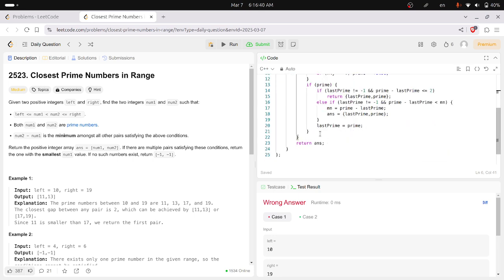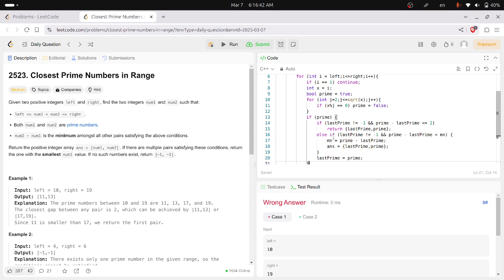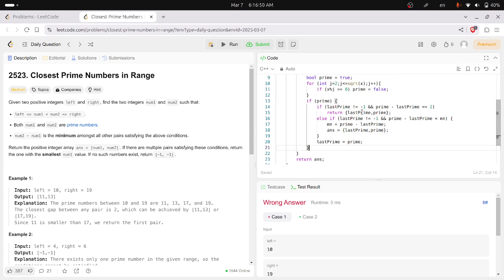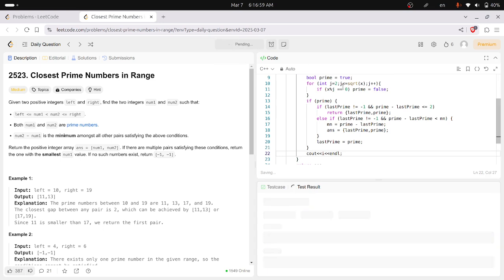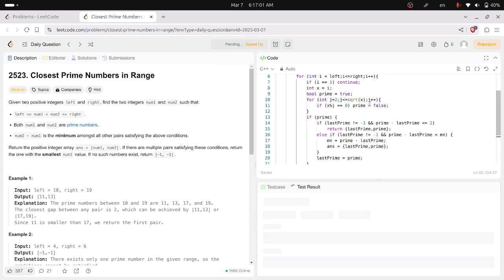Let's try to do some debugging here by printing the I first.